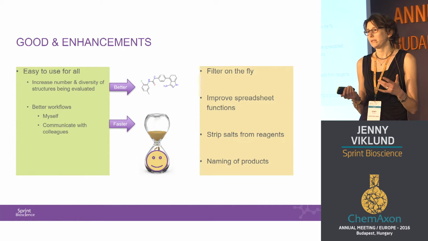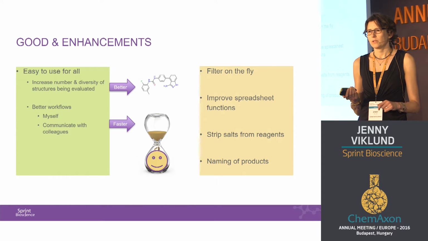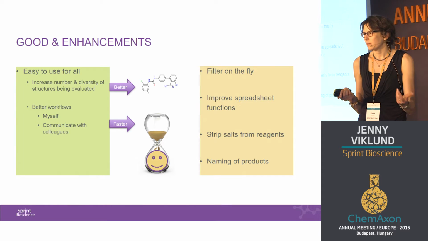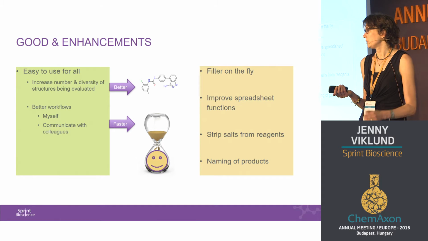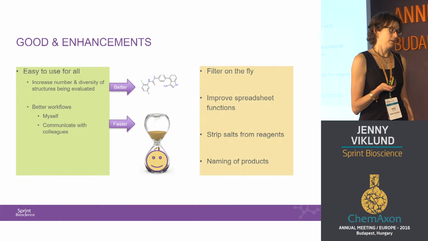And also unique IDs. So if I have enantiomers or tautomers, I want to distinguish between all of them so that we pick the unique best compound from the enumeration. That would be nice.